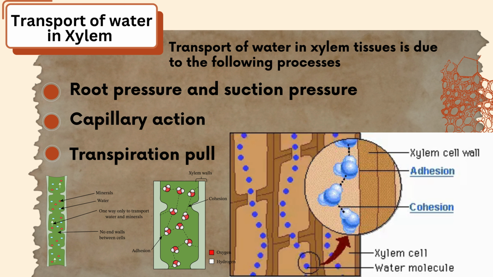This causes more water to flow into the leaf cells from the xylem vessels. So, there is a pull on the water column in the xylem vessel and water is drawn up in the plant. By this, transport of water is achieved in xylem tissue.